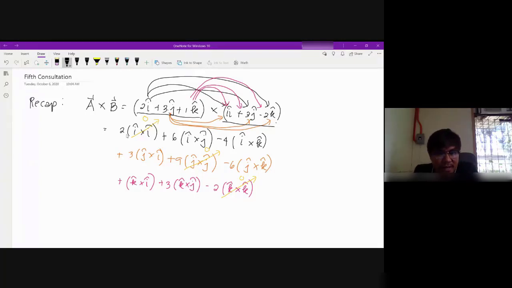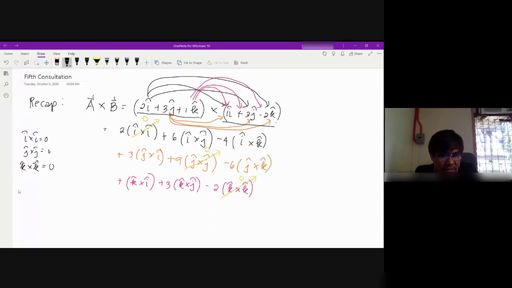Now, going back, pag naay I hat cross I hat, this is 0. And the same with J hat cross J hat, that's 0. And then K hat cross K hat, that's 0. Ngano gani?